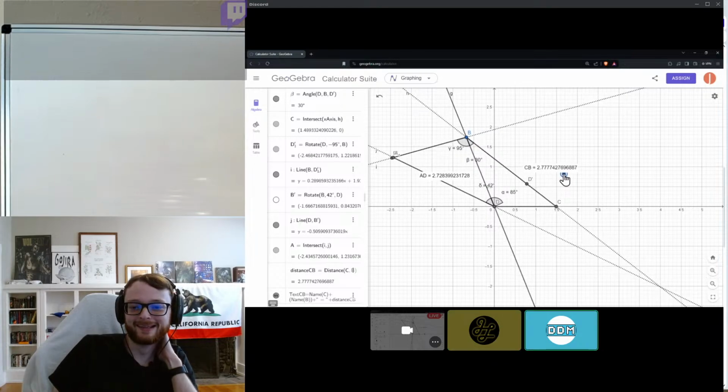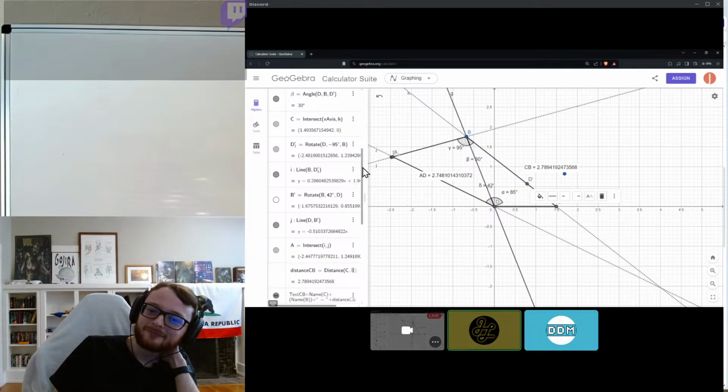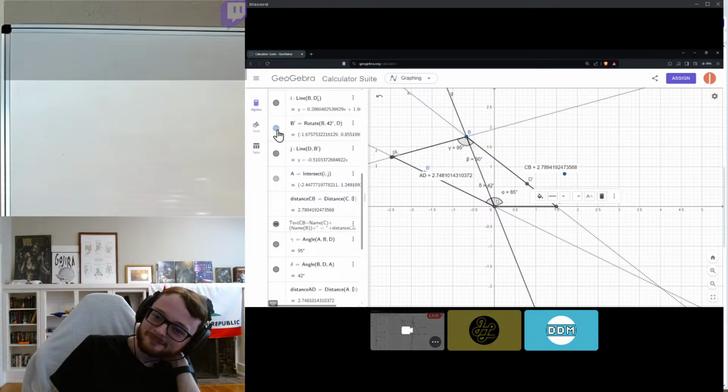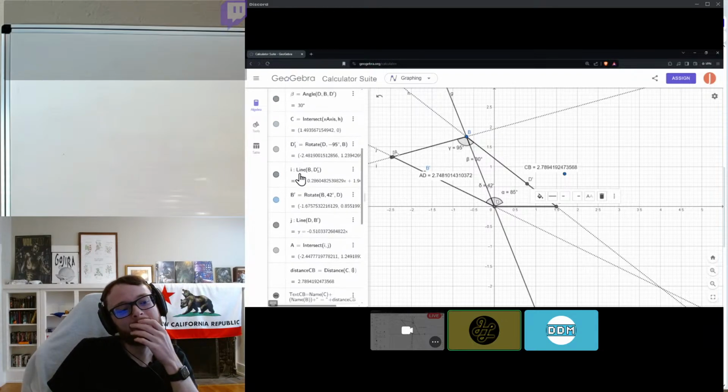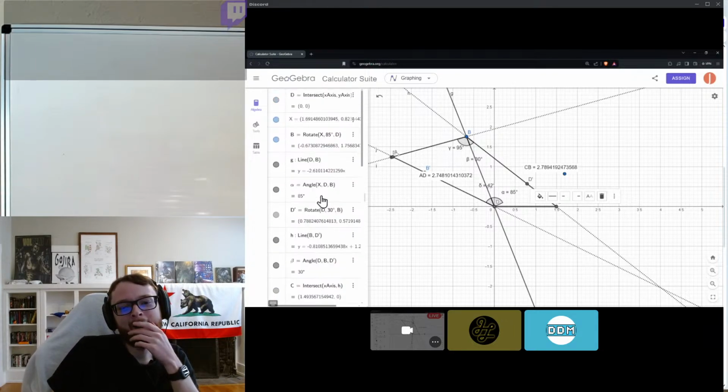But now the angles are different. Well, the angles are off because this is not the right line. I got to redraw this.